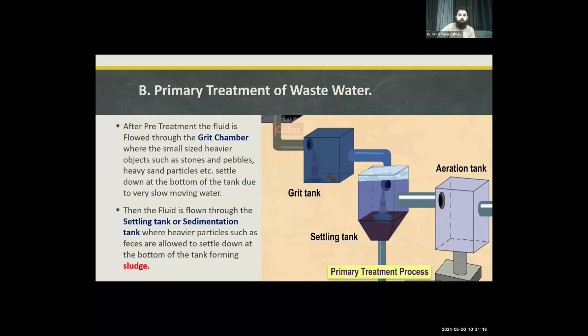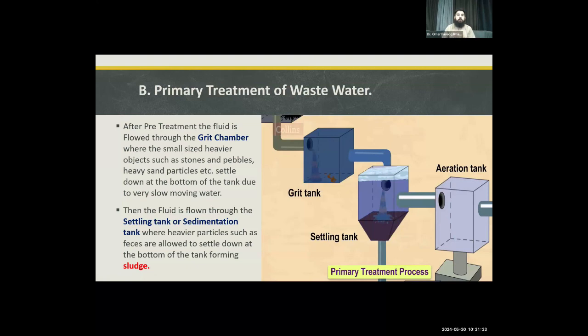So, the primary treatment of wastewater involves a grit tank and a settling tank, or sedimentation tank. These two tanks are basically involved in the primary treatment process.